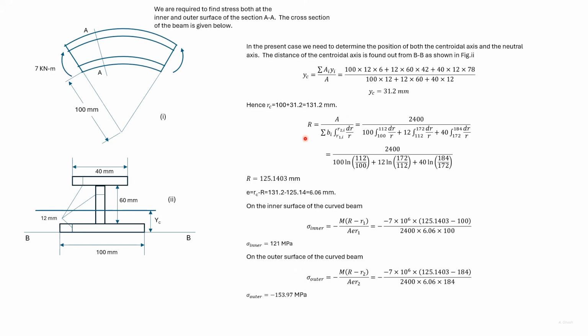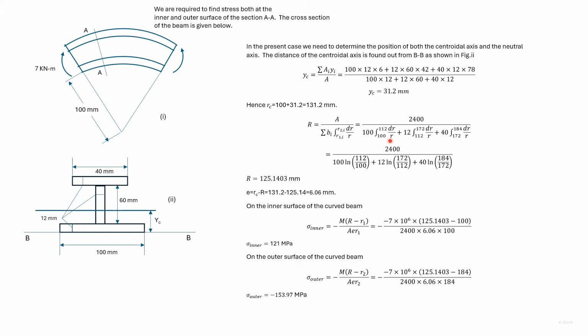The radius of curvature of the neutral axis for an I-beam is given by this expression. Since B is not constant, in the denominator we use a summation. A here is the area of the I section. For the first expression in the denominator, we use the width of the lower flange.